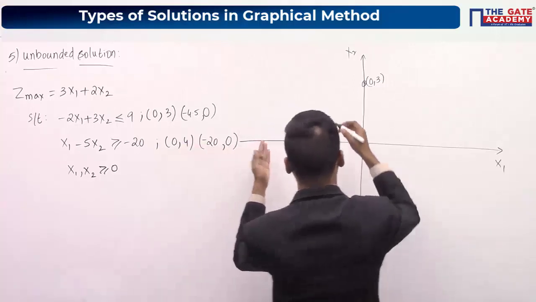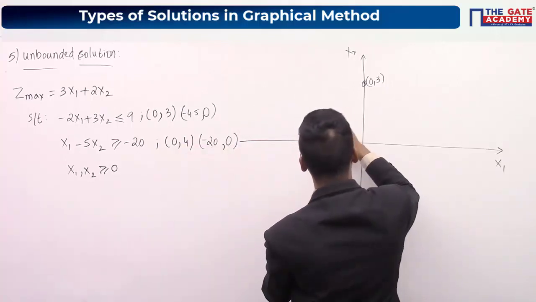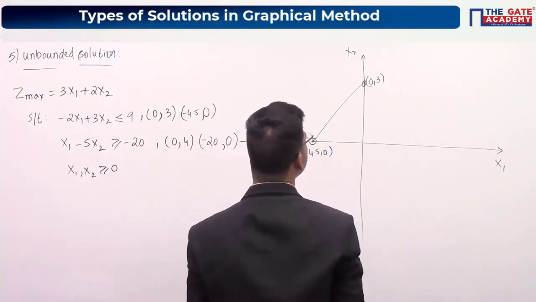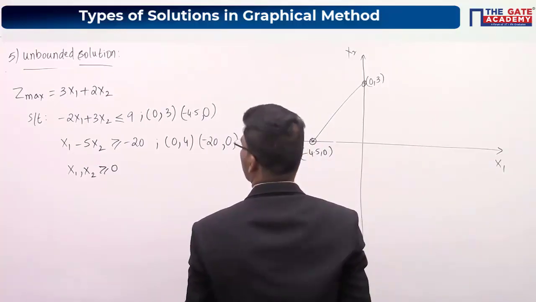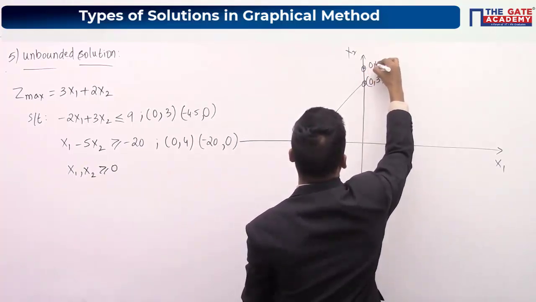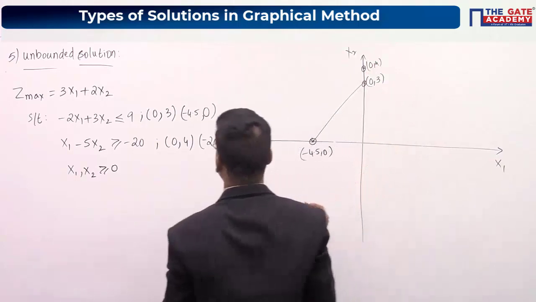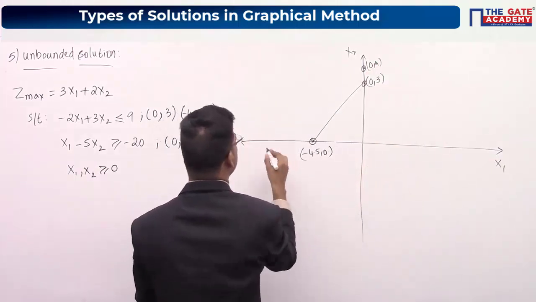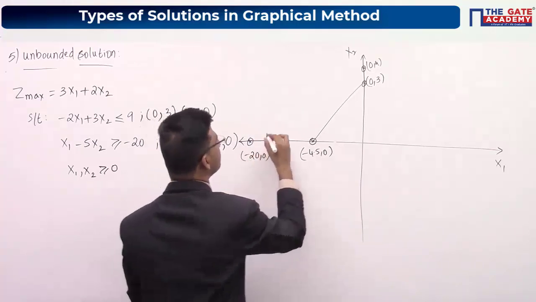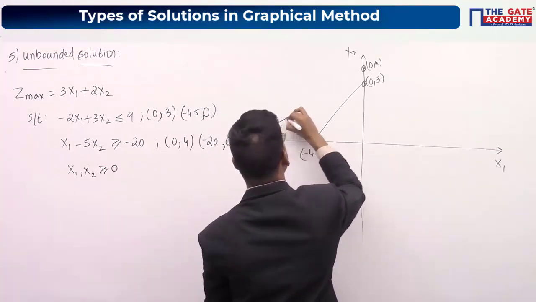Join these 2 points. Now 0, 4 may be somewhere here, and minus 20, 0 is somewhere here. Join these 2 points also.